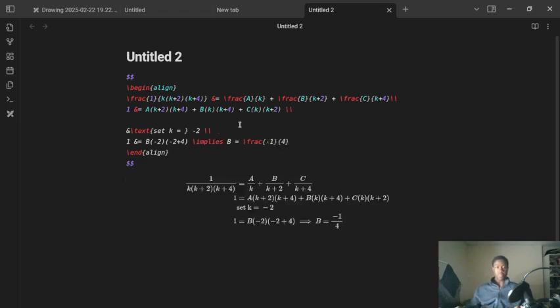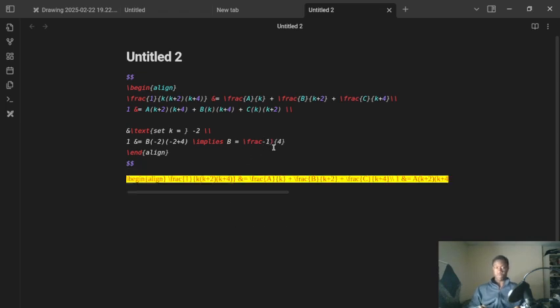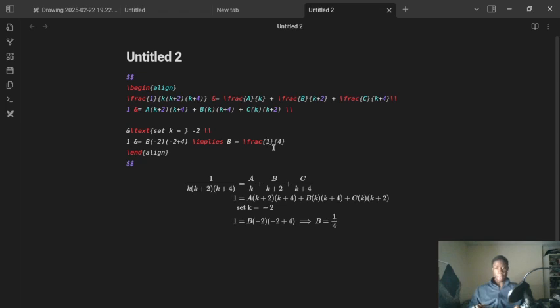Let me put the minus in front of the fraction.